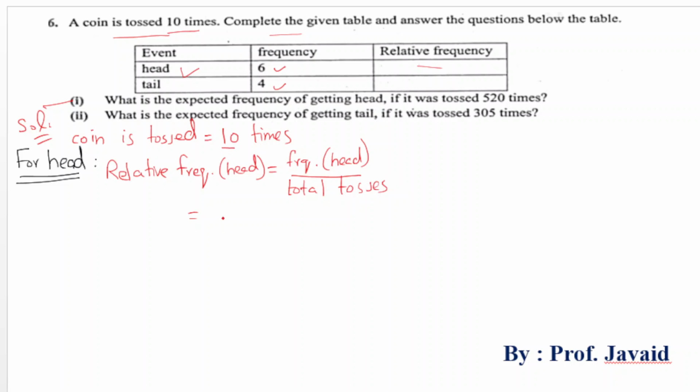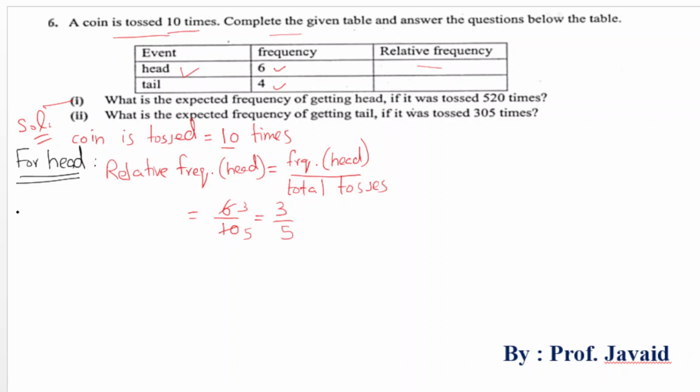So 6 by 10. After simplifying, 3 times 2 and 5 times 2, that will be 3 by 5. I hope you understand. That was for head.